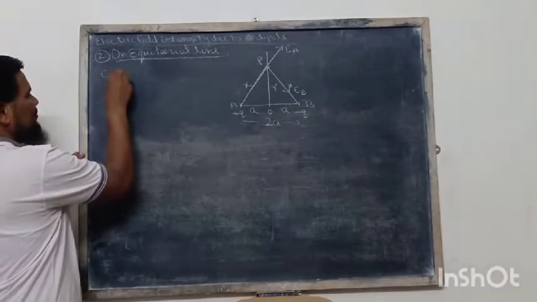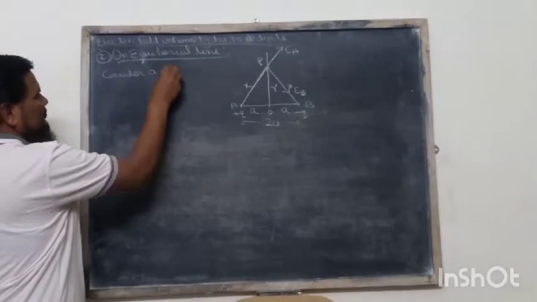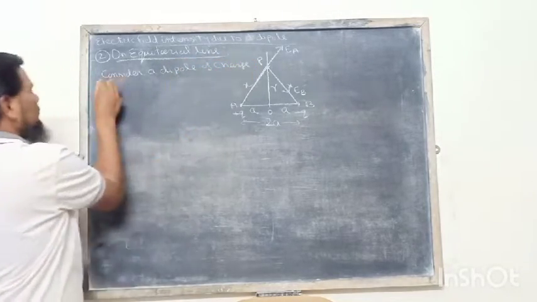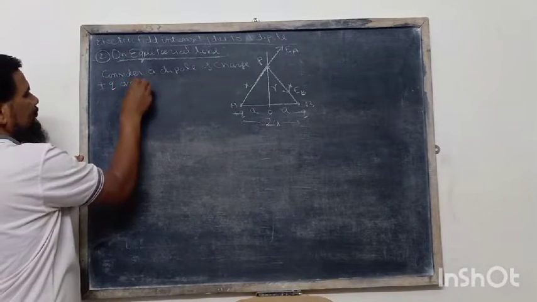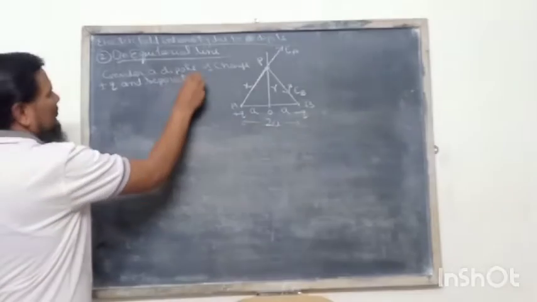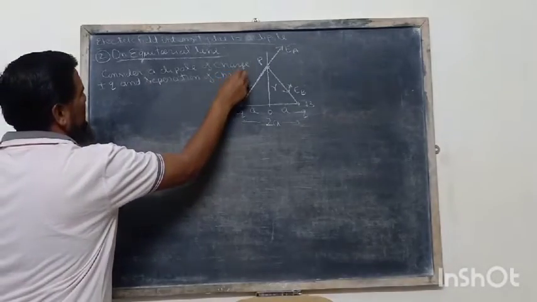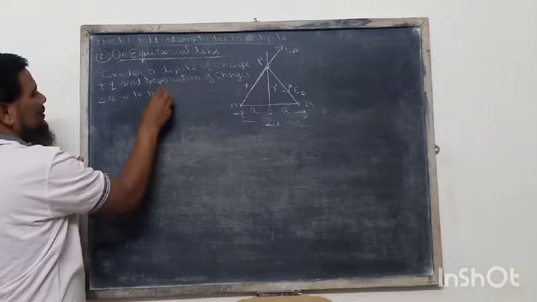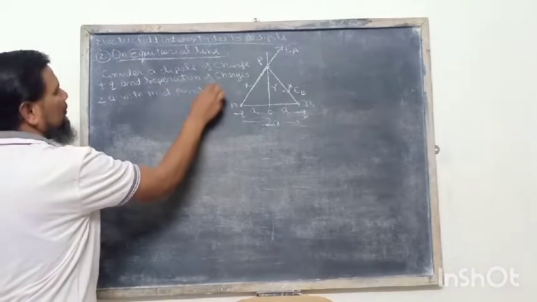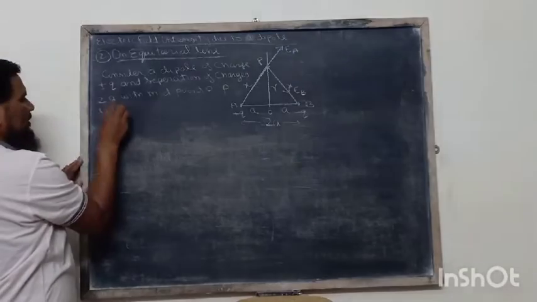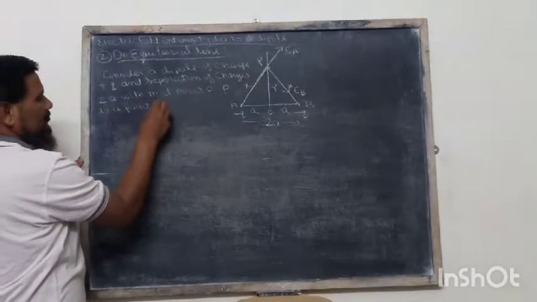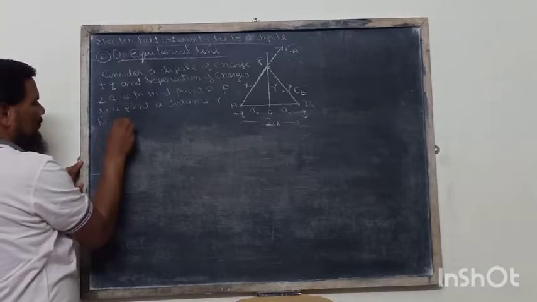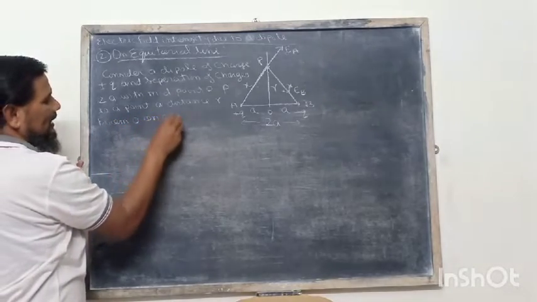Consider a dipole of charge plus minus q and separation of charges 2a with the midpoint O. P is a point at a distance r from O on the equatorial line.